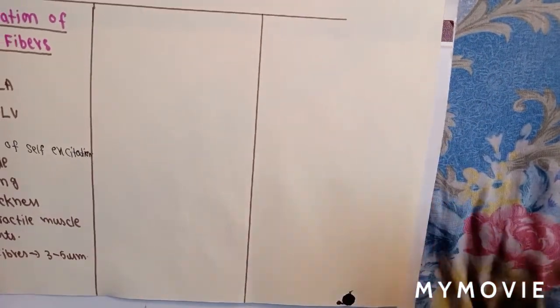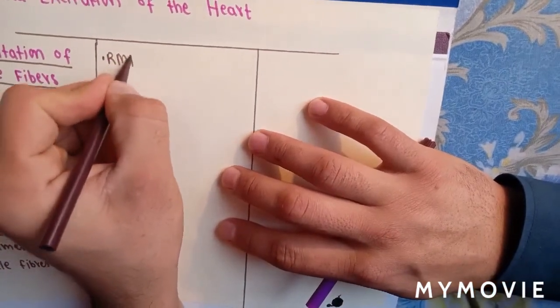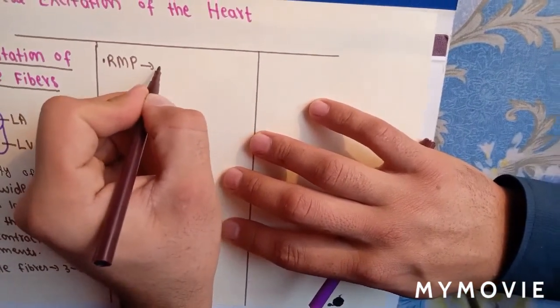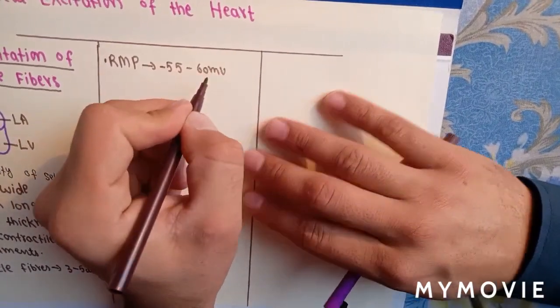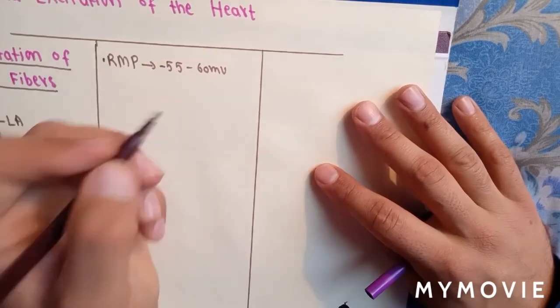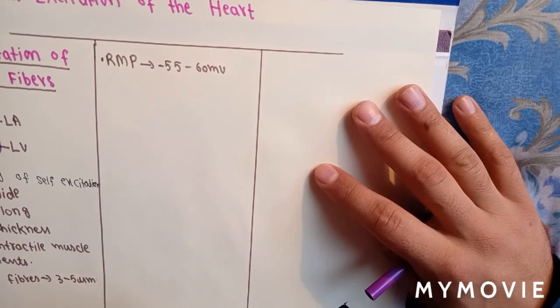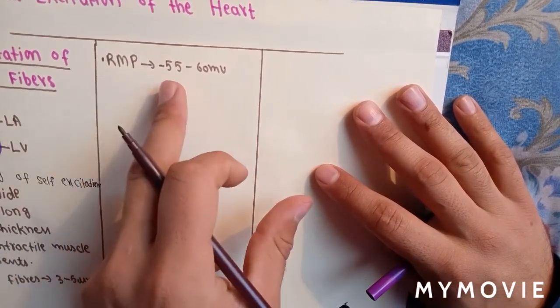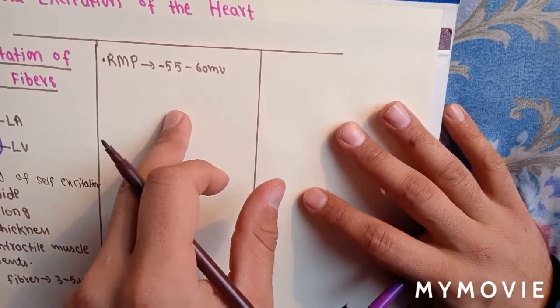First of all, it is important to know that the resting membrane potential of the SA node is about minus 55 to minus 60 millivolt, which is very positive as compared to minus 85 to minus 90 millivolt of a ventricular muscle. So this is relatively more positive in resting condition as compared to ventricular muscle.